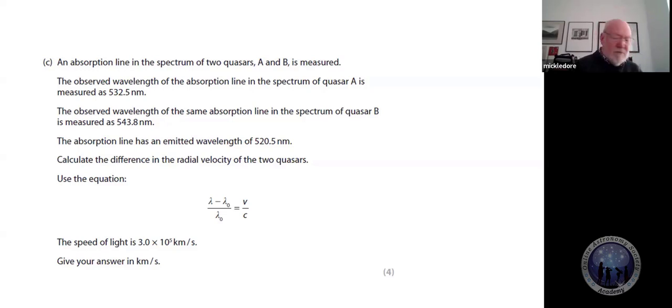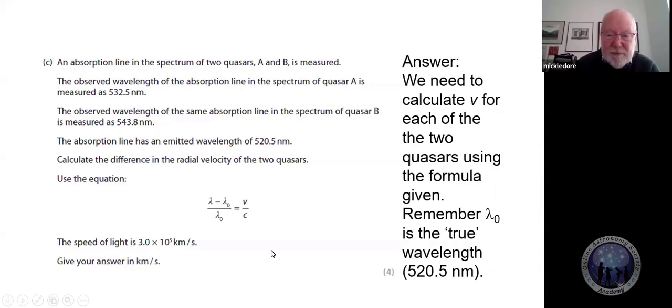So we can find what the radial velocity is. Then we use the equation to do the same, and we get the two velocities. Don't forget the true wavelength is 520.5. I'll just get my calculator while you try.